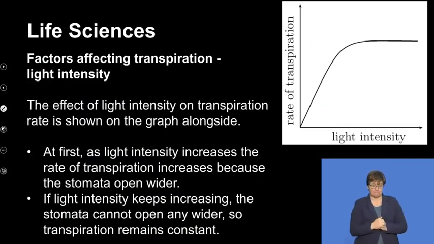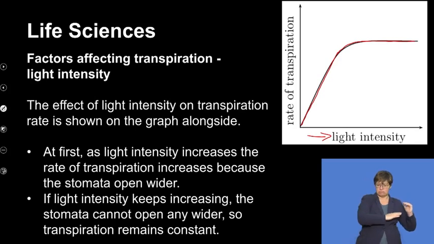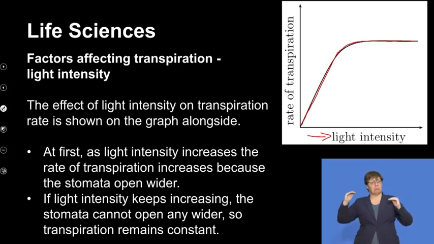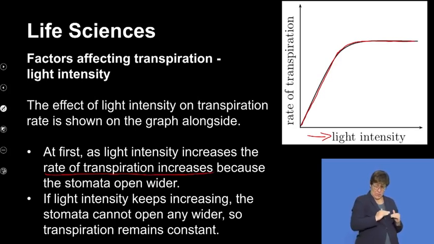So what we have here is, as your light intensity increases, in other words, as the light gets brighter, again, increase of transpiration occurs drastically. But then look what happens here. It evens out. Okay, so at first, the rate of transpiration increases, and the reason is the stomata are opening wider.